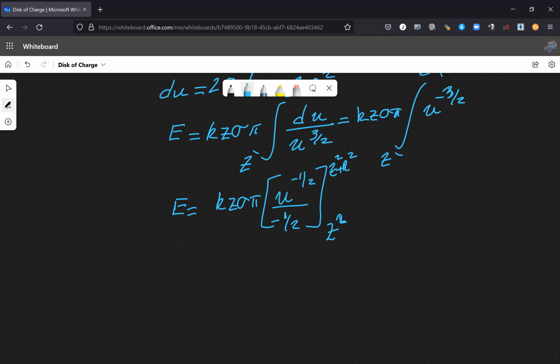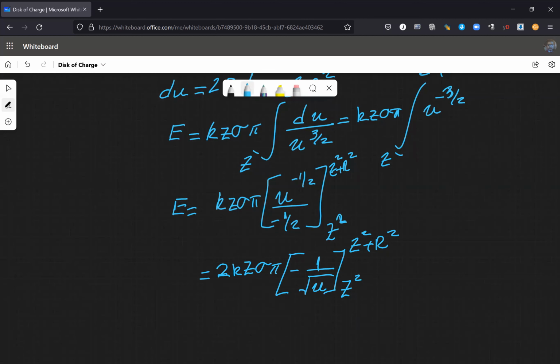So let me simplify this here a little bit. Let's keep the negative inside. So basically a 2kz sigma pi, negative 1 over the square root of u, from z squared to z squared plus r squared.